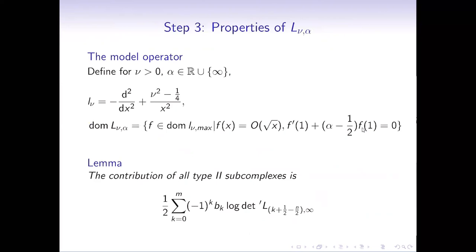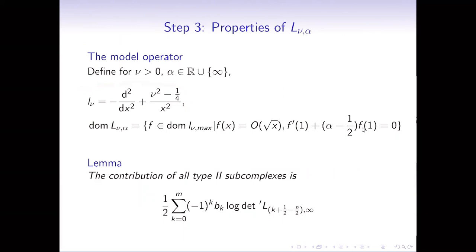And it turns out that pretty much all of the contributions rely on what they call the model operator. It's sort of the operator that keeps popping up everywhere, which is this guy, for various values of coefficient nu.